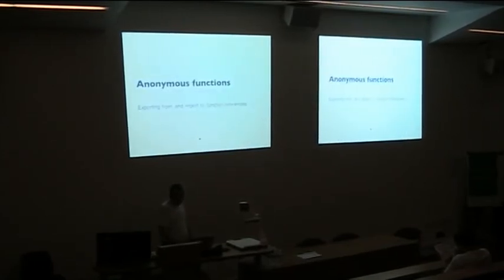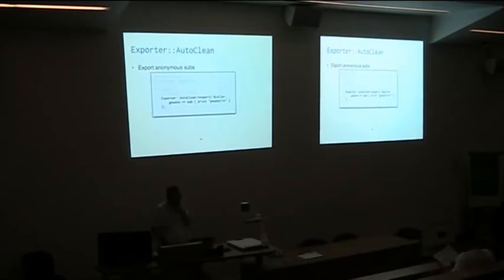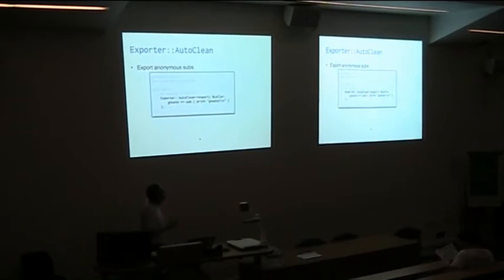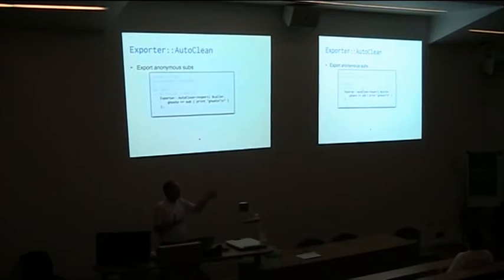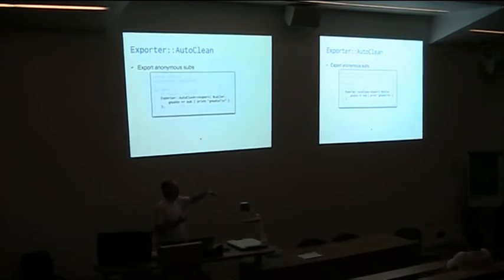Anonymous functions. Some of this, if you were at Toby's talk, he talked about why you might not want to dip into namespaces, you might not want to pollute your namespace. So exporter autoclean gives you a mechanism where you can define some symbols for export, and the only way for people to get at those symbols is through the import interface.